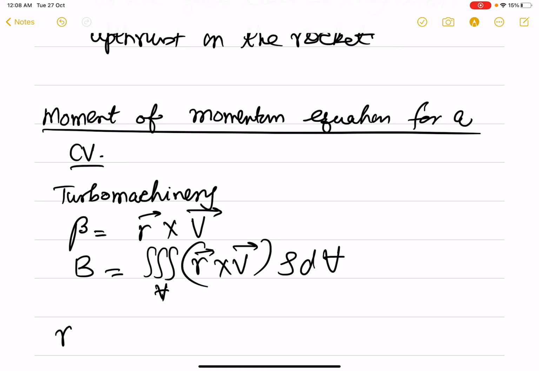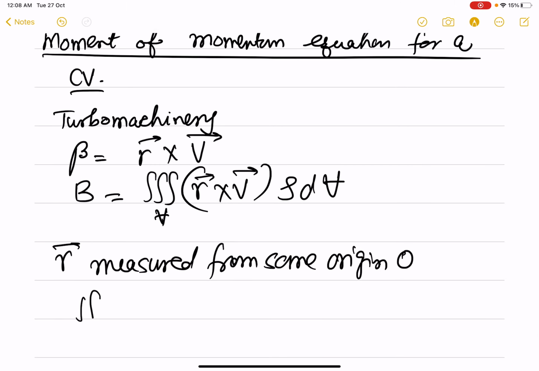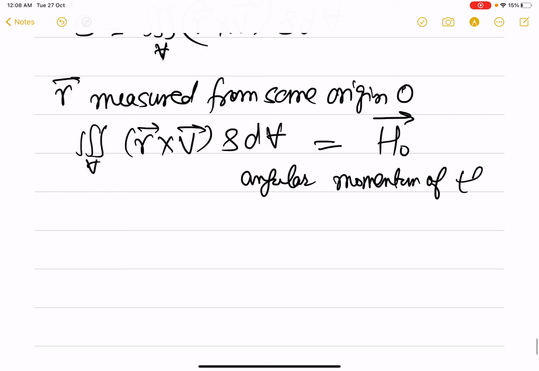Now in this case, R is measured from some origin O, and the integral of R cross V rho dV is nothing but what we have defined as the angular momentum of this entire control volume about point O.